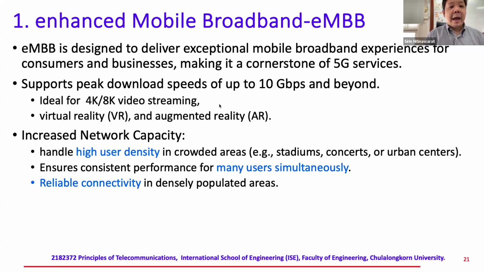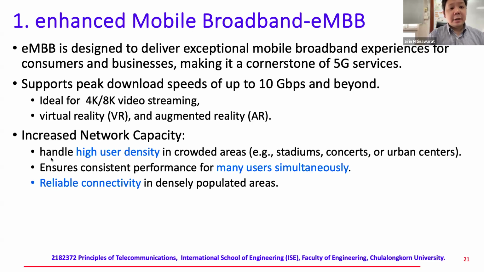And the peak download speed should go up to 10 gigabit per second and beyond. And as I already mentioned, this is suitable for applications related to video streaming, virtual reality, and augmented reality.